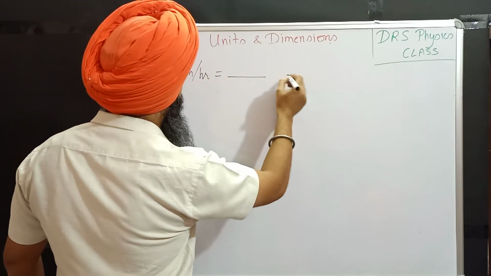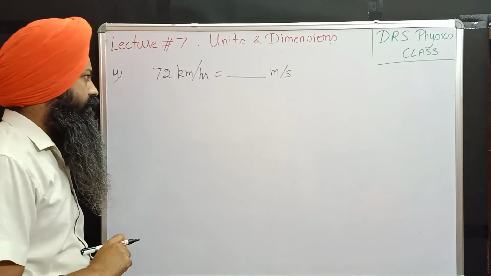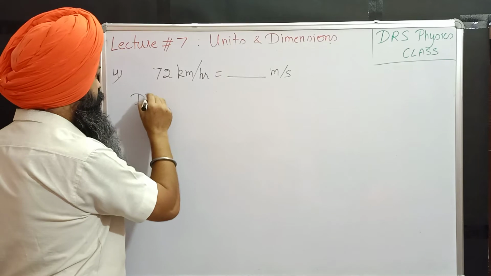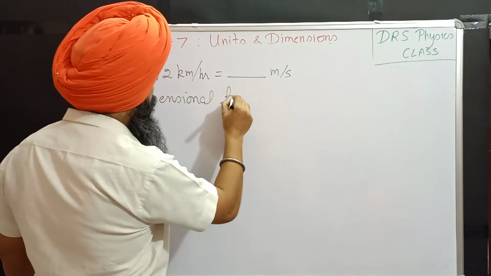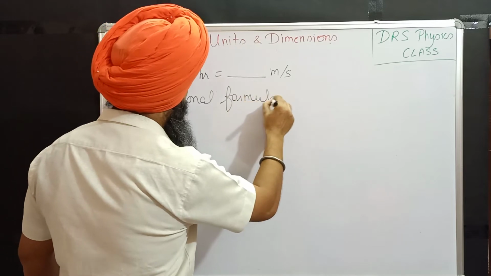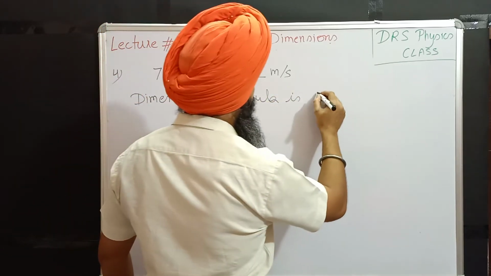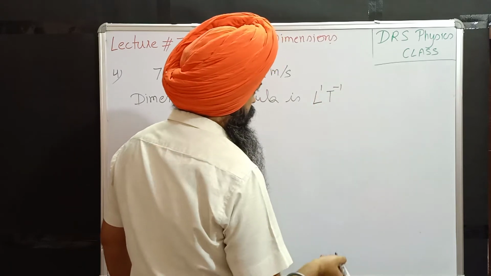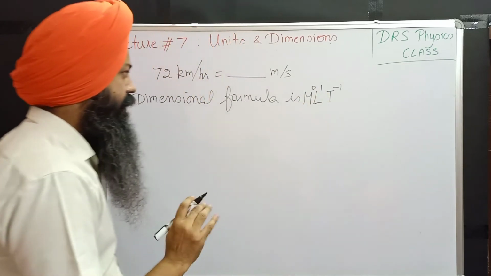You have to find its value in meter per second. So how do we start? We see that dimension formula is, what dimension formula? This is length, this is time. So L1 t minus 1. You can also write m 0. So this is the dimension formula.